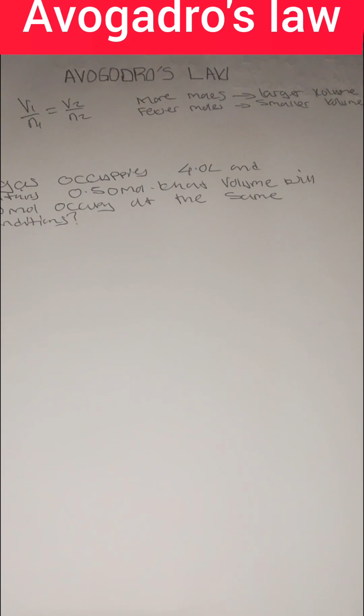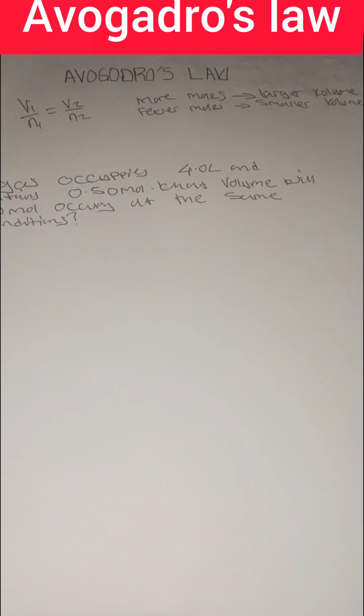So Avogadro's law states that the volume of a gas is directly proportional to the number of moles, because as the number of moles increases, the volume will increase. If they reduce, the volume will reduce.